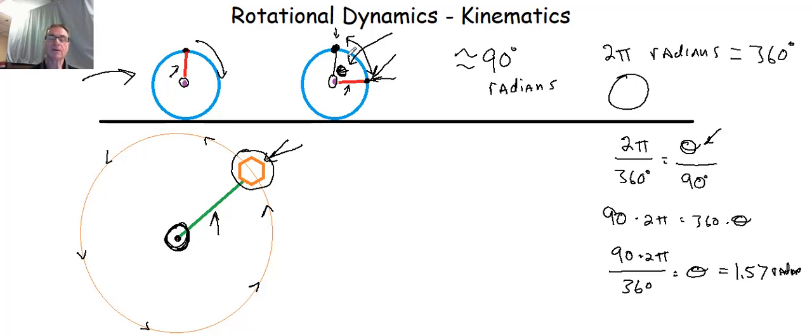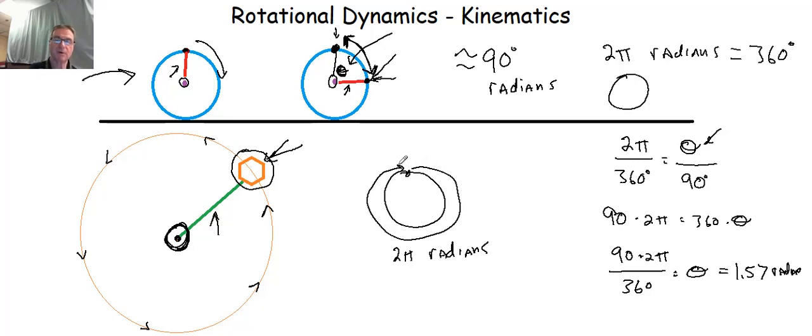Okay, now there is a way to go back and forth between degrees and radians, right? There's also a way to figure out how much of this arc length that I have. Well, we know that if I have a circle here, there are 2 pi radians in the circle, okay? If I want to know what the circumference of the circle is, I want to know the length from, say, this point going all the way around, back to this point again, right?